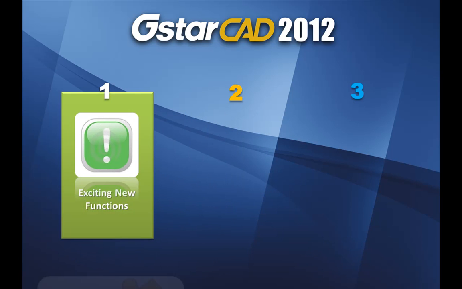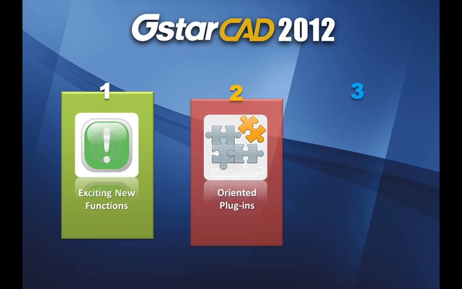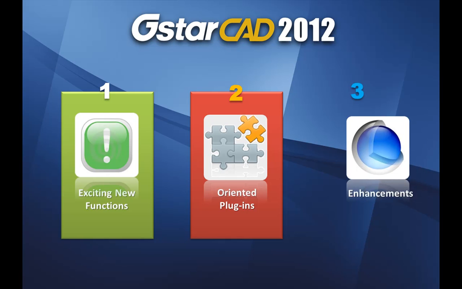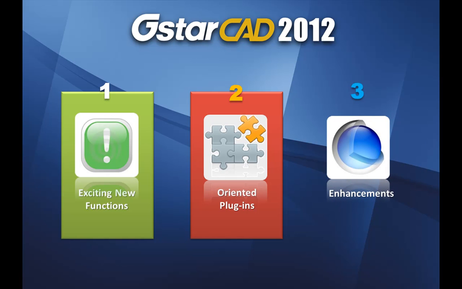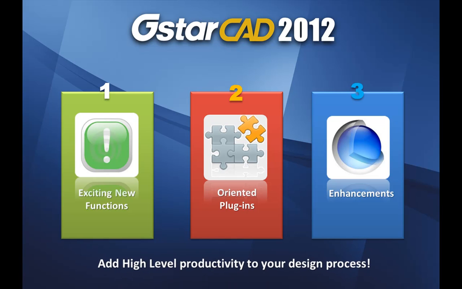The second one is oriented plugins according to the customer requirements. And the third one is enhancement on applications, improvement in applications and fixed bugs. With these three key features, Gstarcad 2012 ensures and adds high level productivity to your design process, and I will show you why.